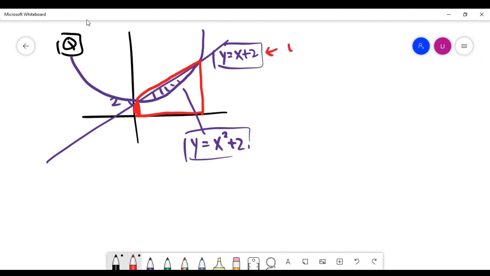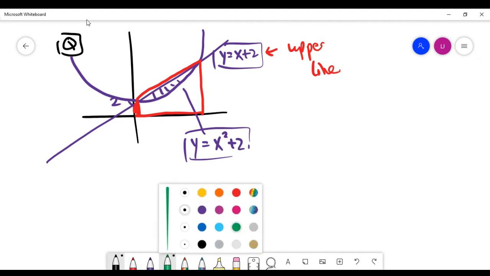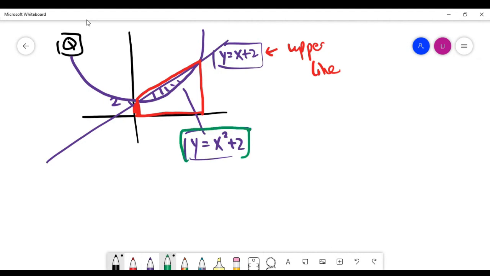It is based on the upper line, right? And then for the lower line, the green line, if you integrate the function, it will correspond to this area. I hope you get my point.